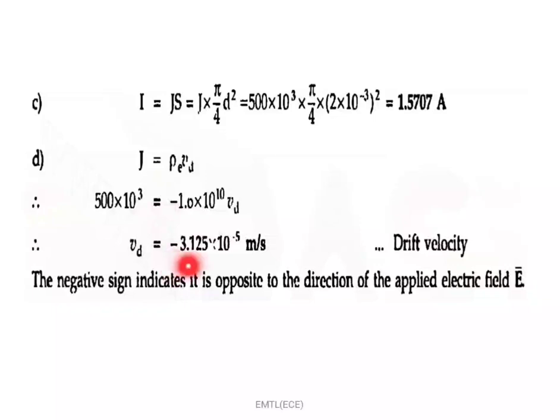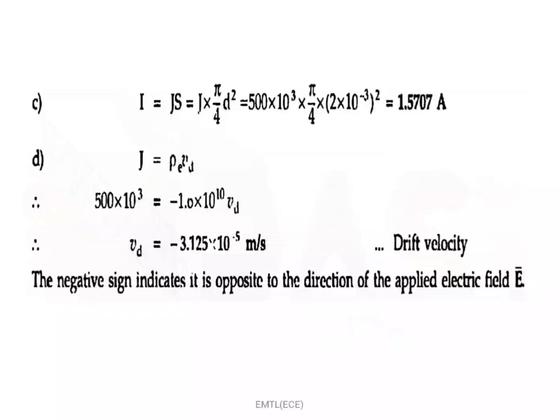Finally the drift velocity value is minus 3.125 into 10 power minus 5 meter per second. The negative sign indicates the direction of velocity, which is opposite to the direction of the applied electric field. So this is the final solution of the problem.